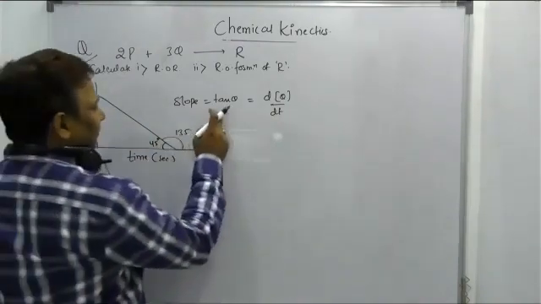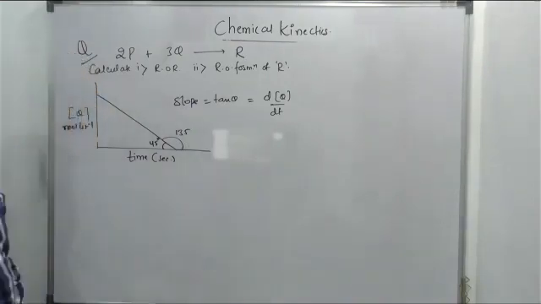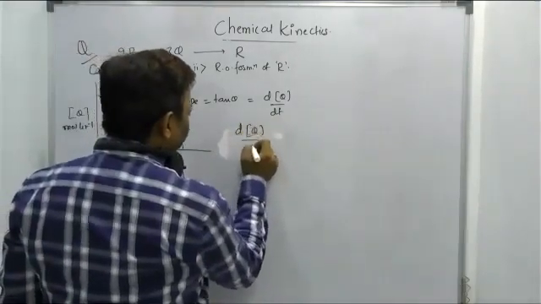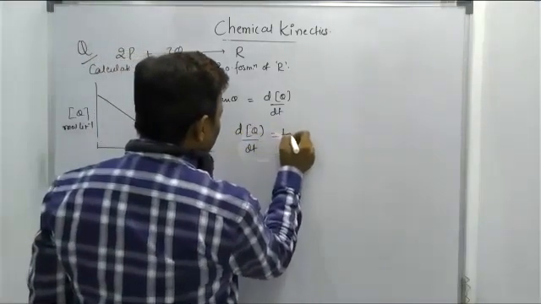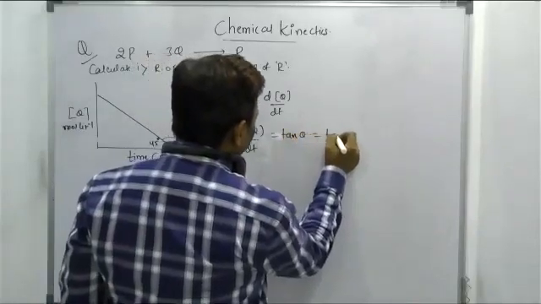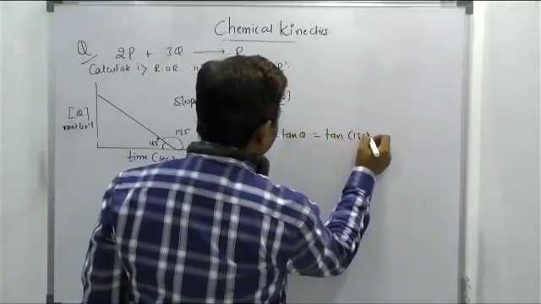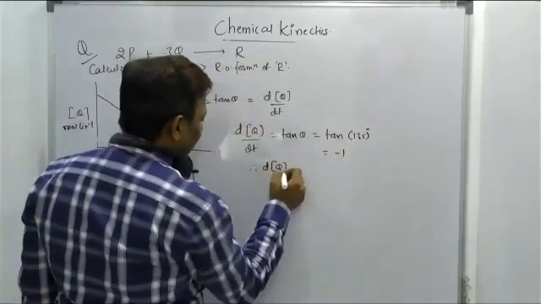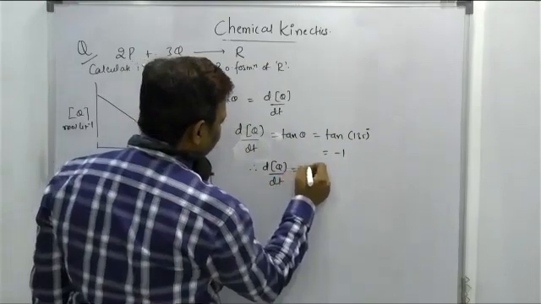That means tan 135, if you solve it, is equal to -1. So I should write dQ by dt is equal to the slope, that is tan theta, and tan 135 is -1. So dQ by dt is equal to -1.